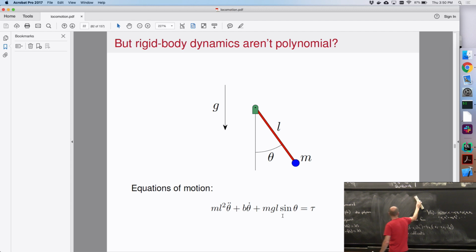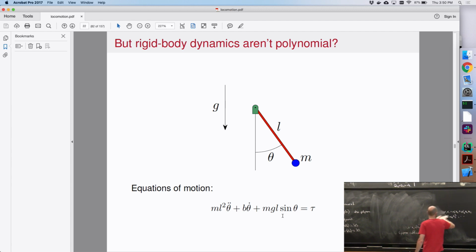First off, if you're given a general nonlinear system, you can Taylor expand it to get a polynomial approximation, and that actually works pretty well. But for sines and cosines, there's a special answer.